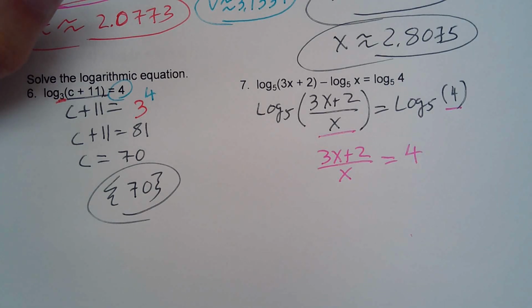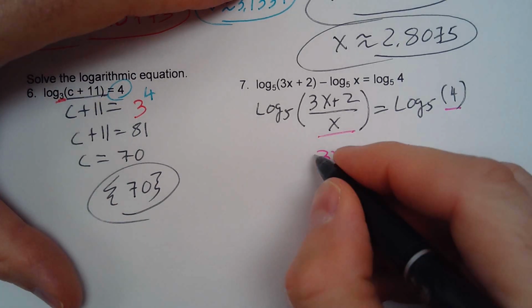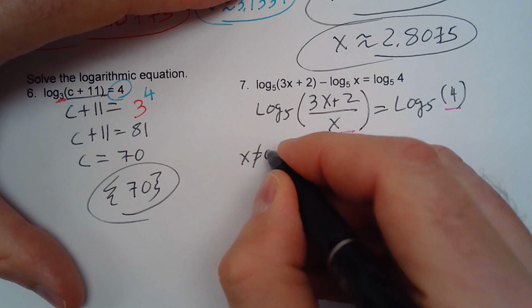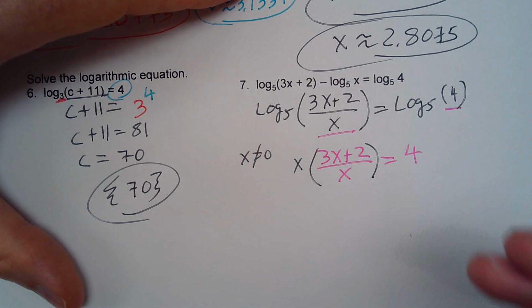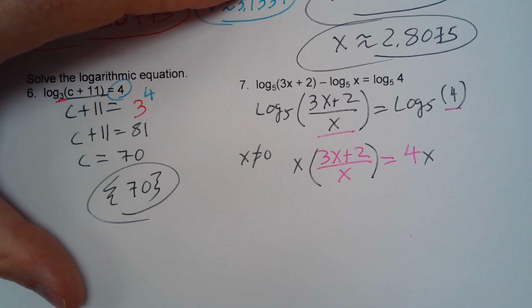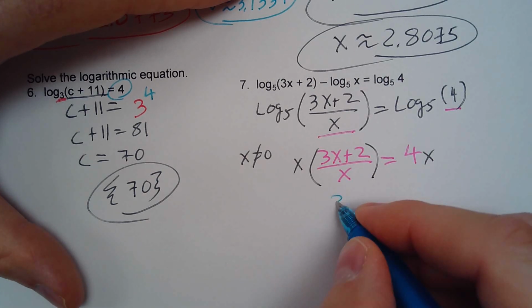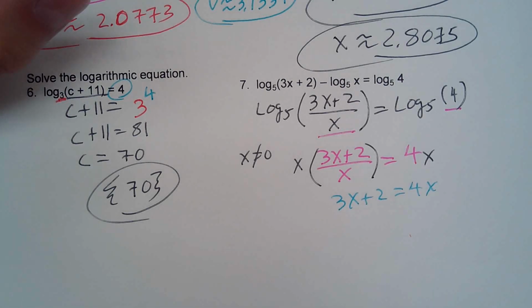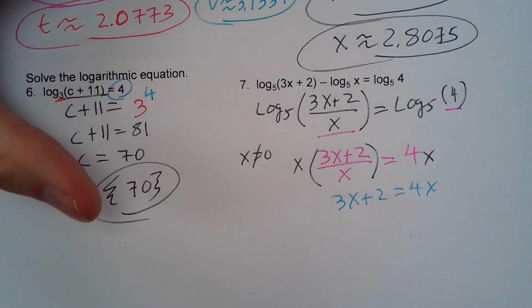My LCD here is going to be x, so I'm going to multiply both sides by x. And just noting here, x cannot be equal to 0. So that gives us 3x plus 2 equals 4x. Well, I'm going to take away 3x from both sides.